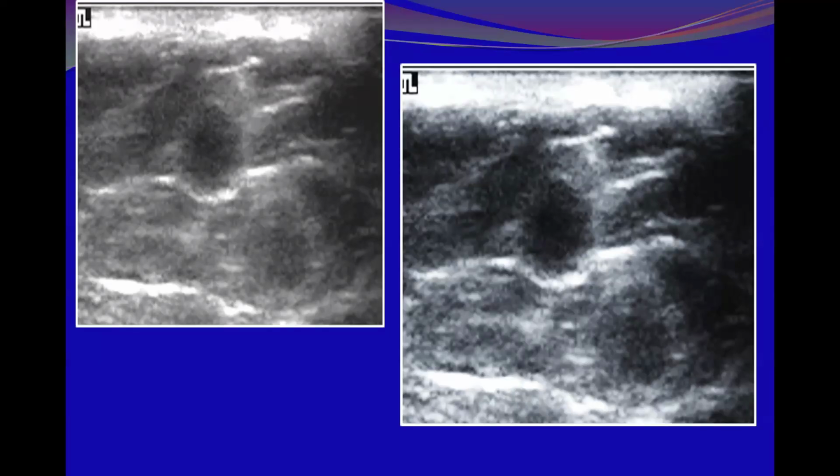So what do you expect after this introduction? At first glance, I thought that it might be just a benign lesion, okay?